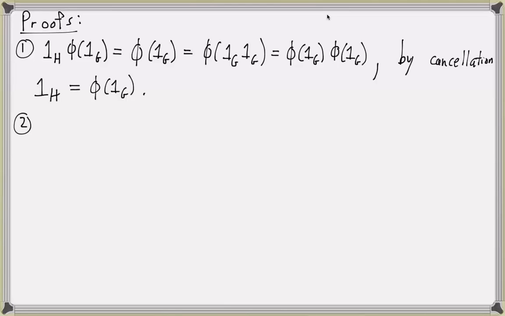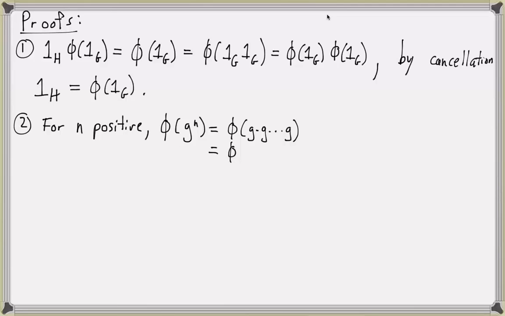Now let's begin the proof of property 2. First, let's assume that n is a positive integer. So for n positive, phi of g to the power n is equal to phi of g times itself, a total of n times. And then we can just apply phi to each factor.